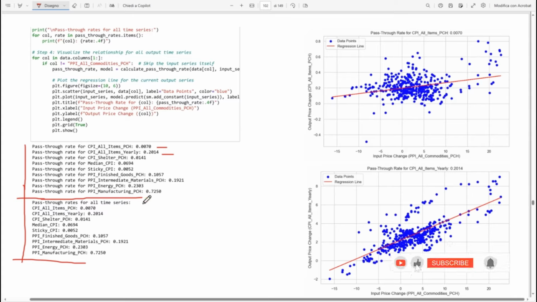And so we have pass-through rates for all time series. We can see here what the data are. Theoretically, the most affected could be the manufacturing sector, and this one, which is the PPI for energy, but this is core PPI. This is for finished goods, and this is intermediate materials.